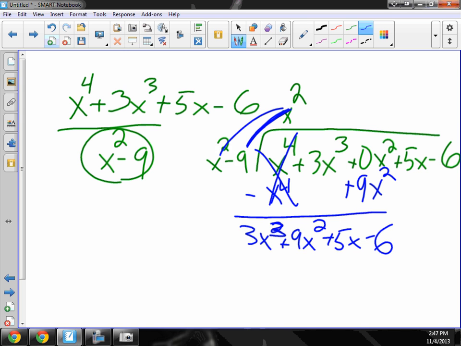How many times does x squared go into 3x to the third? 3x. 3x times x squared is 3x to the third. 3x times negative 9 is negative 27x, and make sure you put that in the correct column.